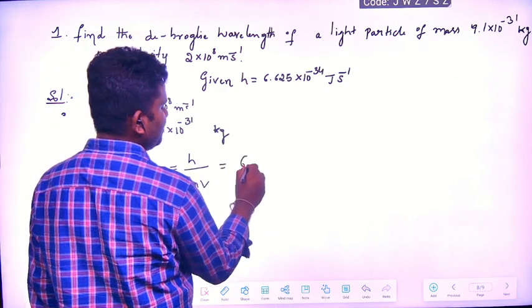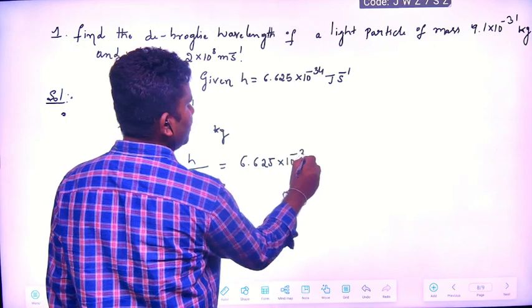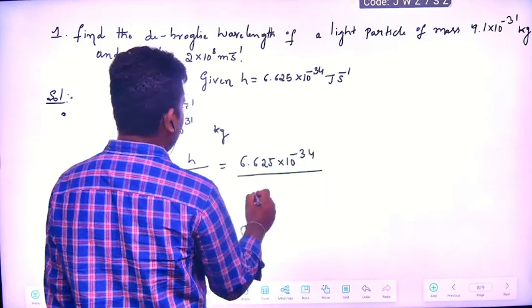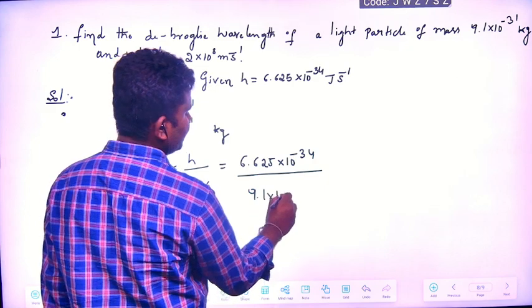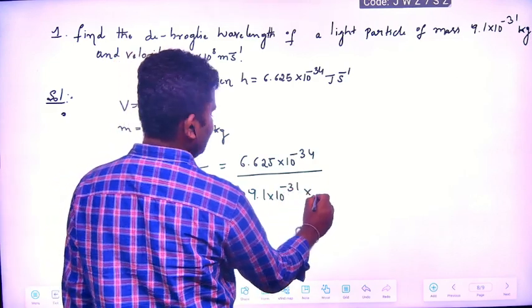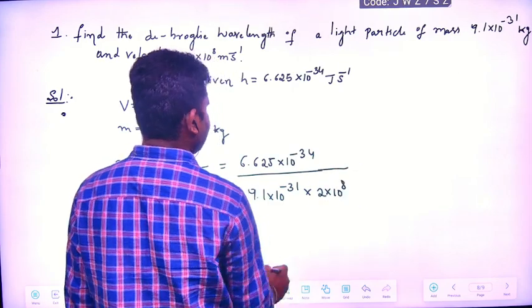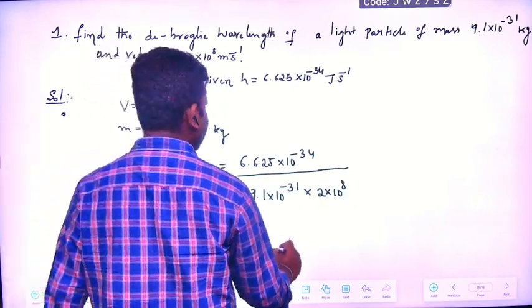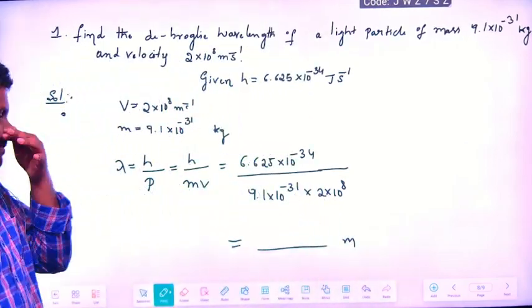Now 6.625 into 10 to the power of minus 34 divided by mass, 9.1 into 10 to the power of minus 31, into velocity, 2 into 10 to the power of 8. Do it and tell the answer. Whatever the answer you get, that is in meter. Lambda wavelength is in meters.